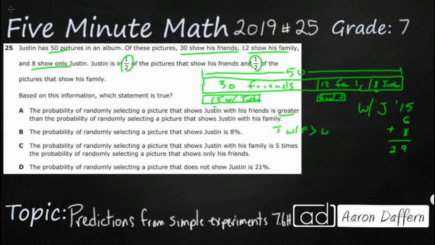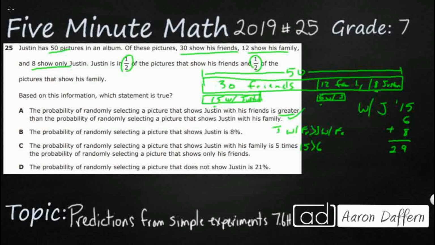They're both F's, so I'll put FA and FR. Well, Justin with friends here is 15. Justin with family is 6. So 15 is greater than 6. Actually, yeah, that might be your answer. Let's check B, C, and D.